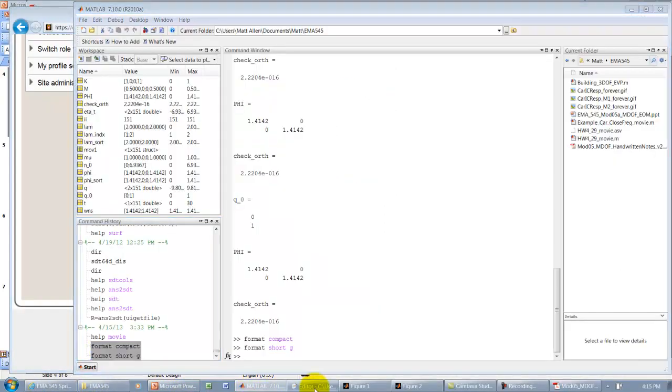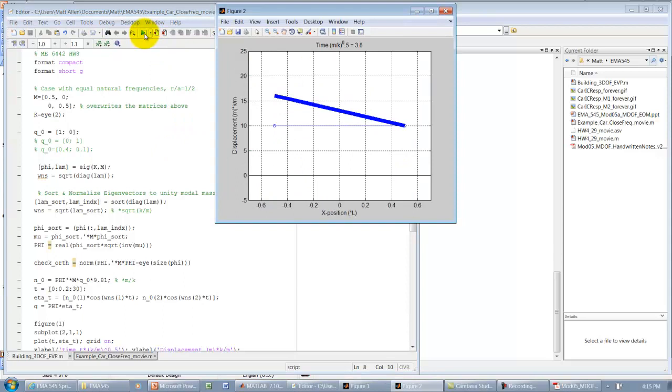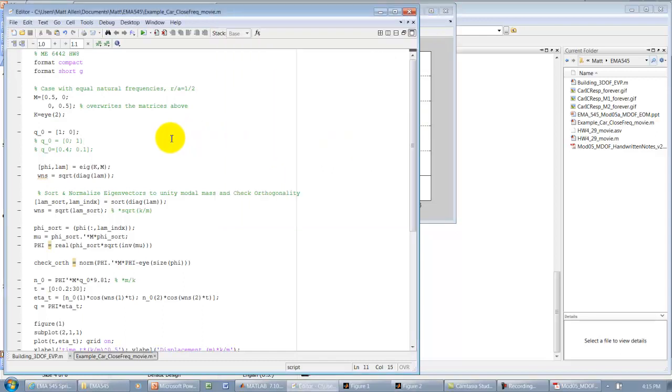Let's go to MATLAB now and look at a case where we have repeated natural frequencies. This script on the course website has repeated frequencies. Now if we run this, we've given an initial condition of Q1 is 1 and Q2 is 0. And you saw this oscillating purely harmonically.